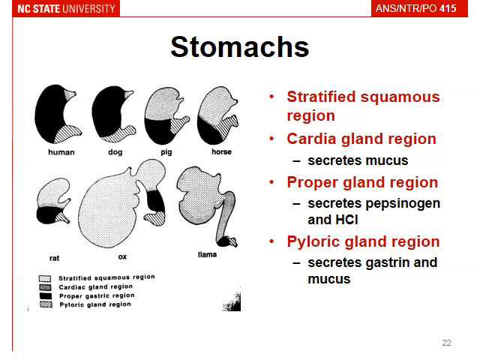The next component is the proper gland region. This is the dark black area. You can see it's significant within the human and the dog, less prominent in the pig and the horse. And here in the ox, this is the abomasum component. You can see in the rat, less prominent than we have in the human or the dog.